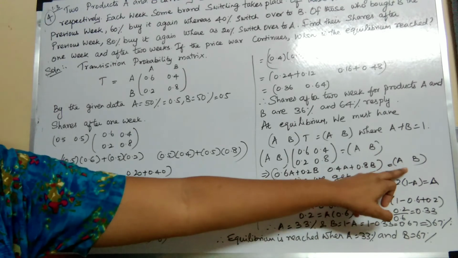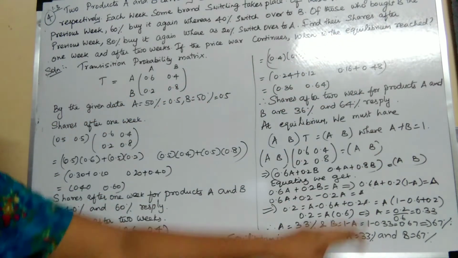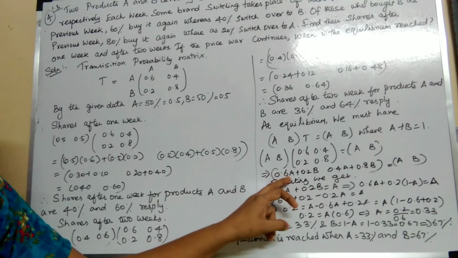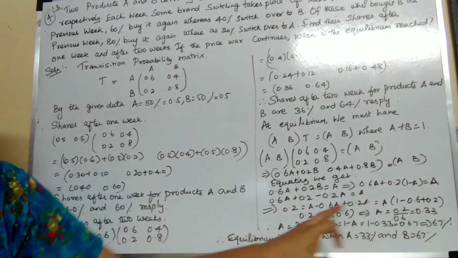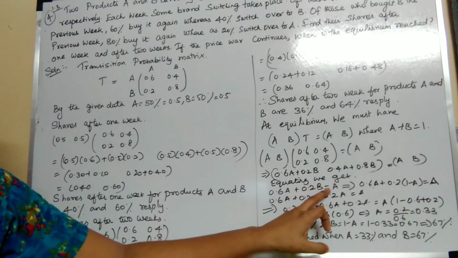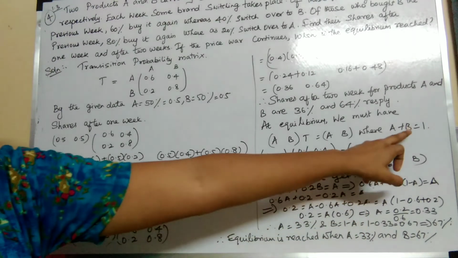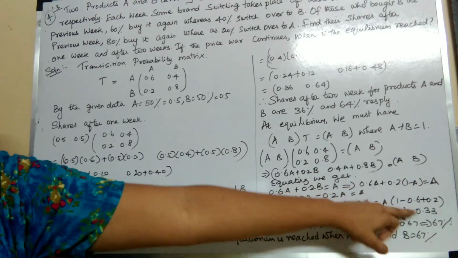This is the equilibrium condition, and we find A and B from it. First equate the first column element: 0.6A plus 0.2B is equal to A. Replace B by 1 minus A, since A plus B is 1.